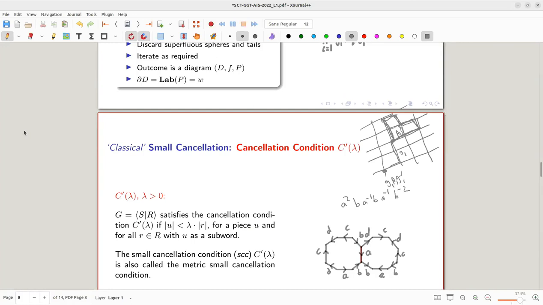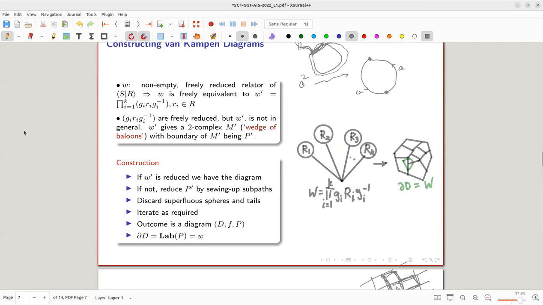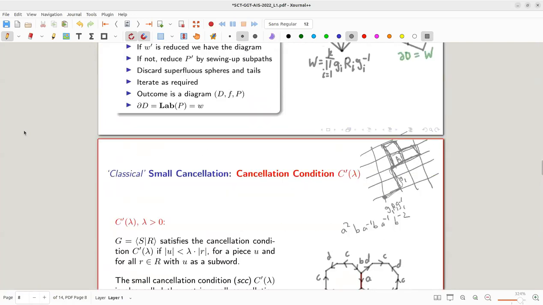So this is a conjugate. This is like the R1 balloon, g1 R1 g1 inverse.